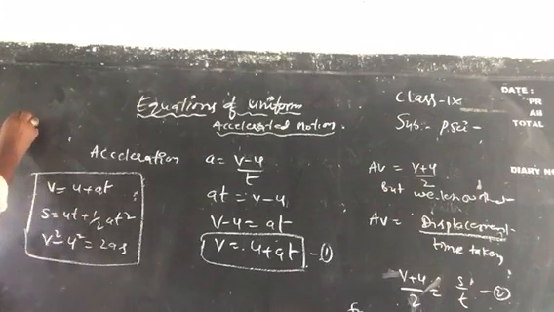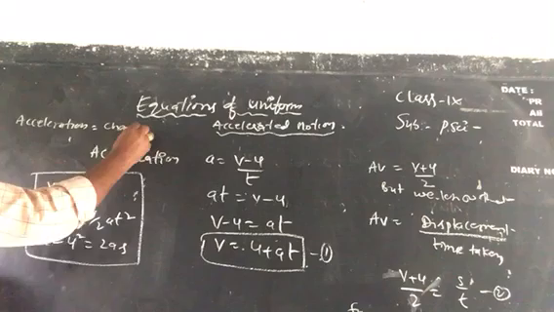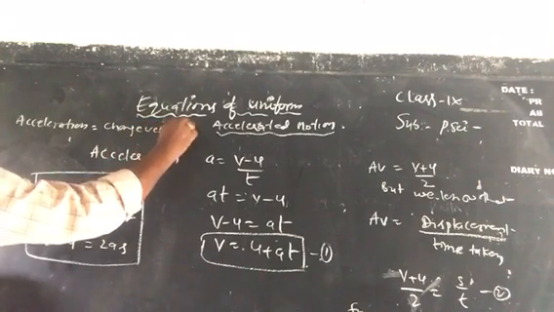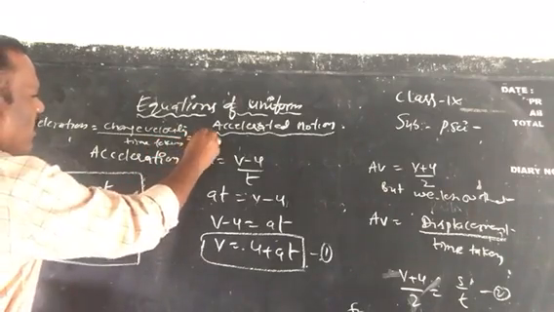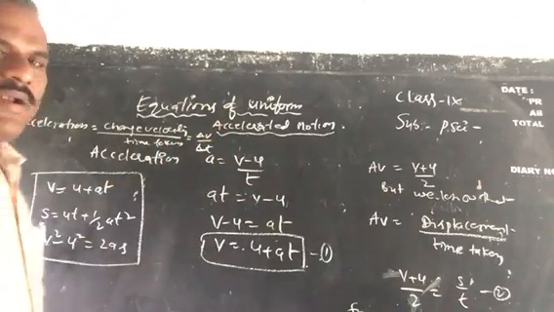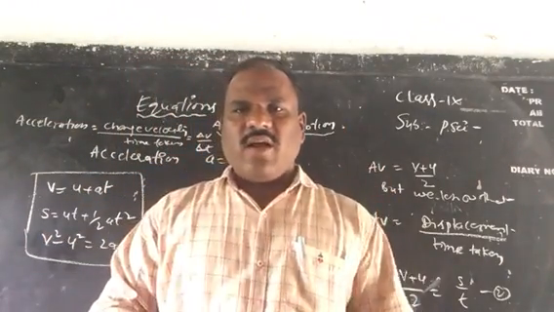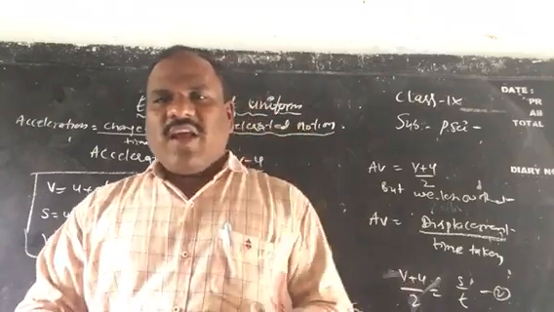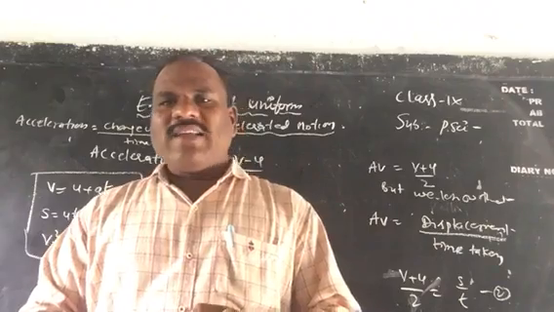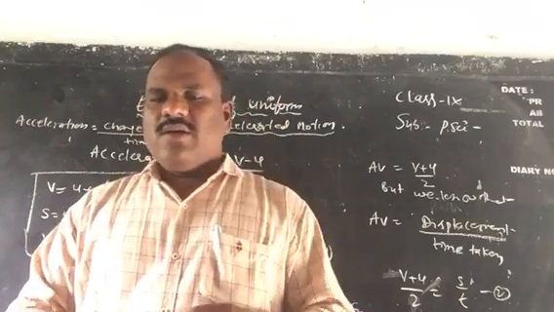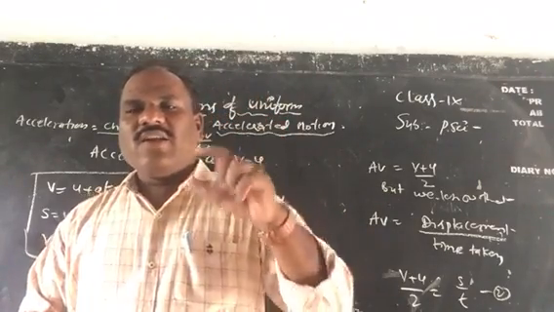Roughly I am writing, children: acceleration equal to change in velocity by time taken, that is delta v by delta t, which is equal to a constant. Delta denotes changes here. That is called uniform acceleration. But always it is constant. So a equal to delta v by delta t is equal to constant.